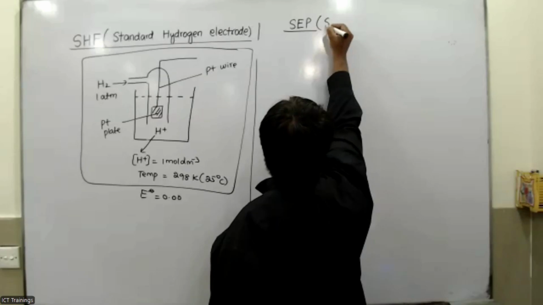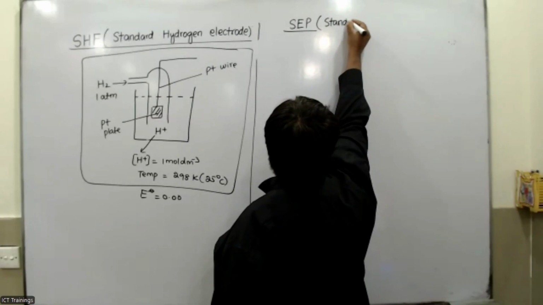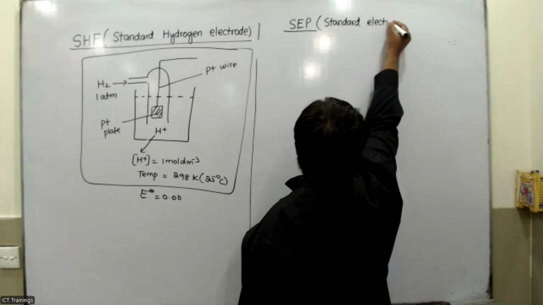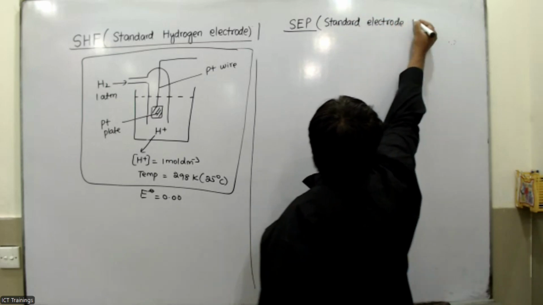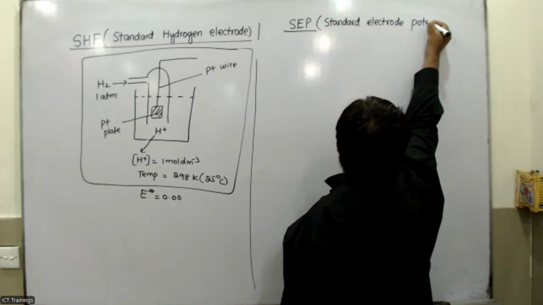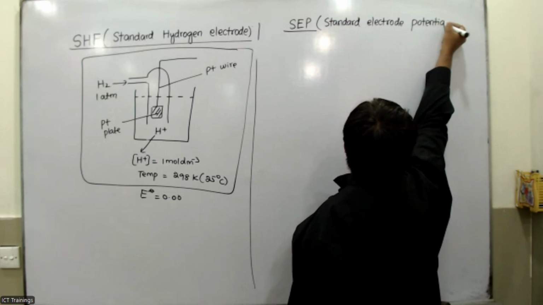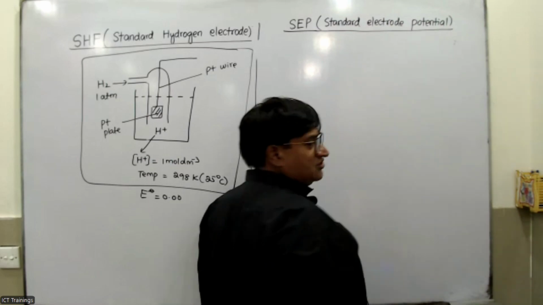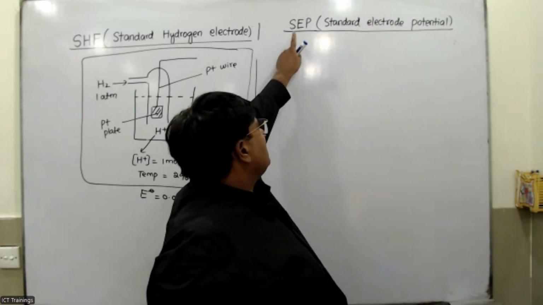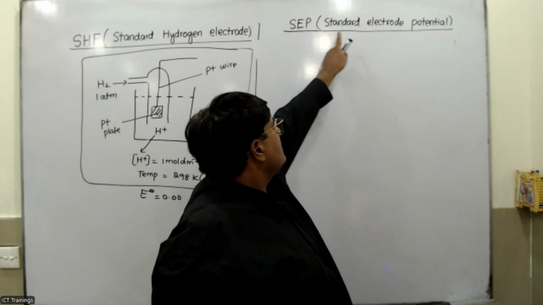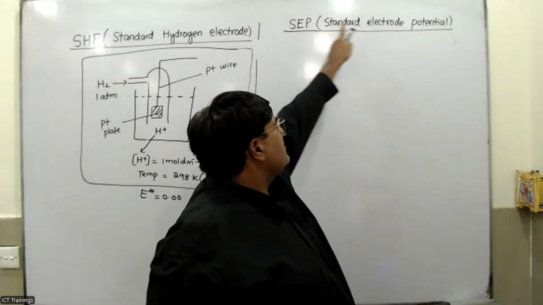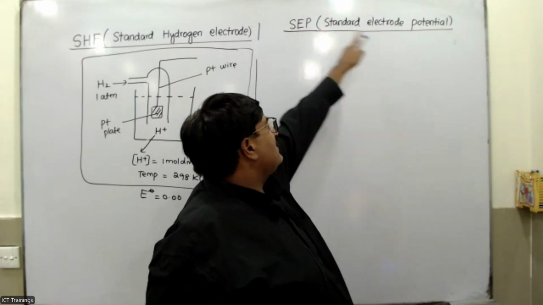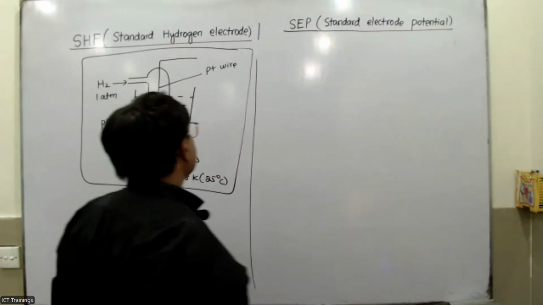That is the standard electrode potential. S for standard, E for electrode, and the P comes from potential. So the standard electrode potential is called the SEP.